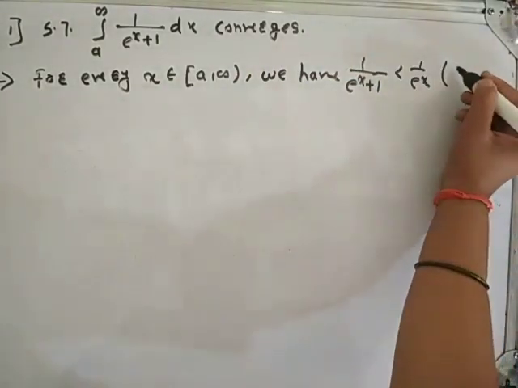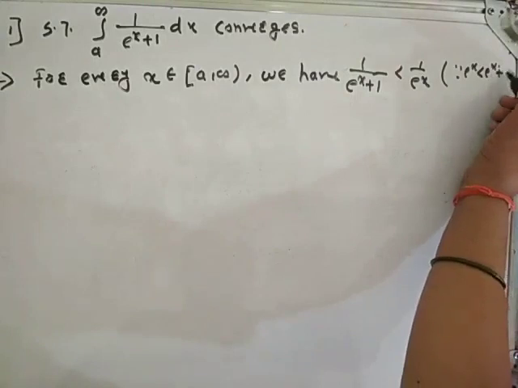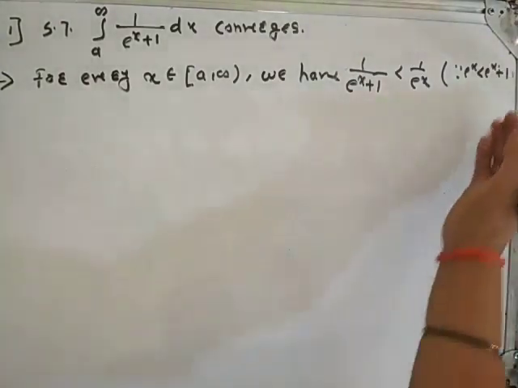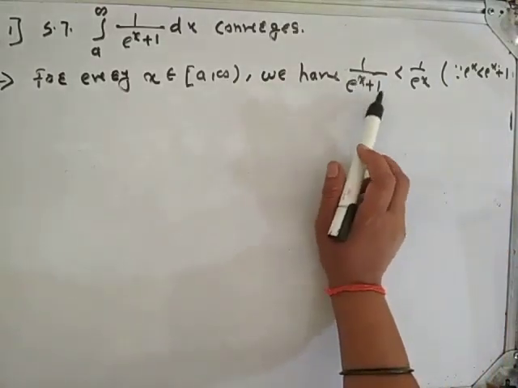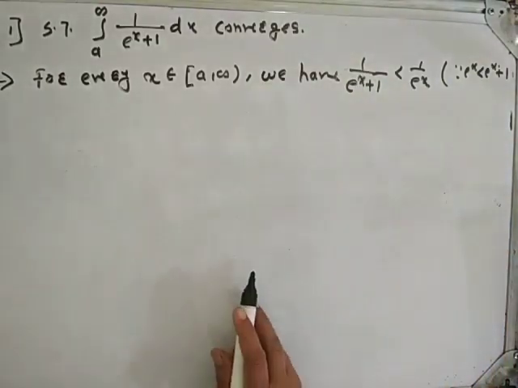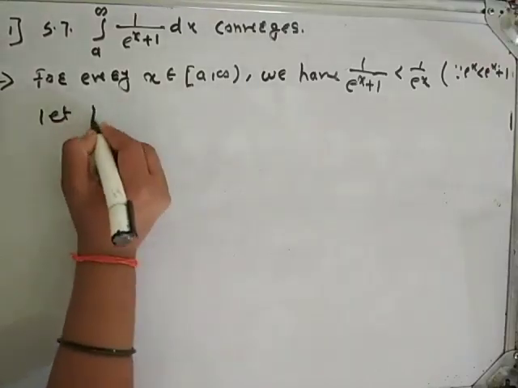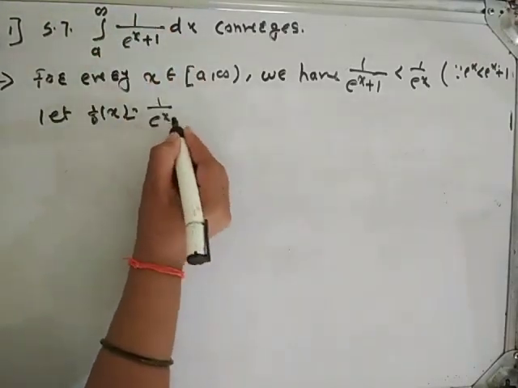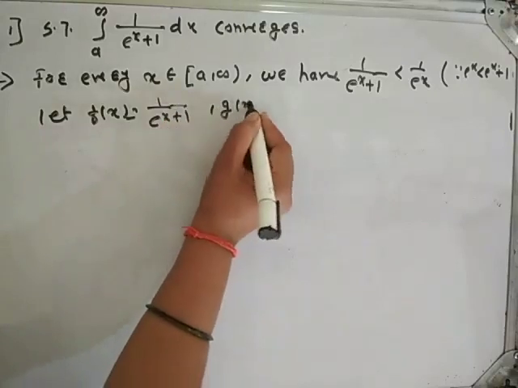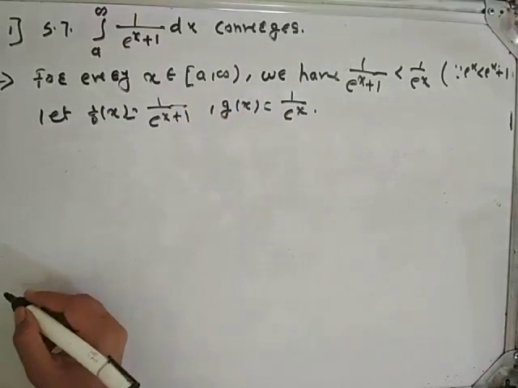Obviously, e raised to x is always less than e raised to x plus 1, and if we take the reciprocal of these two, we get 1 upon e raised to x plus 1 is strictly less than 1 upon e raised to x. Let f of x be 1 upon e raised to x plus 1 and g of x be 1 upon e raised to x.